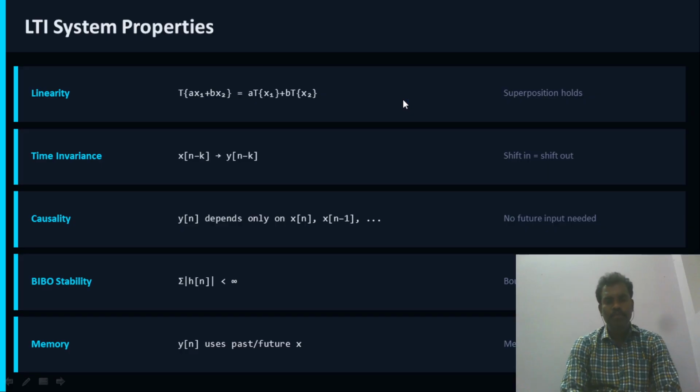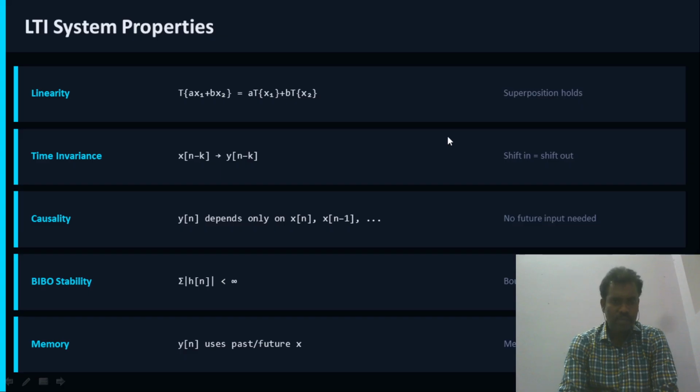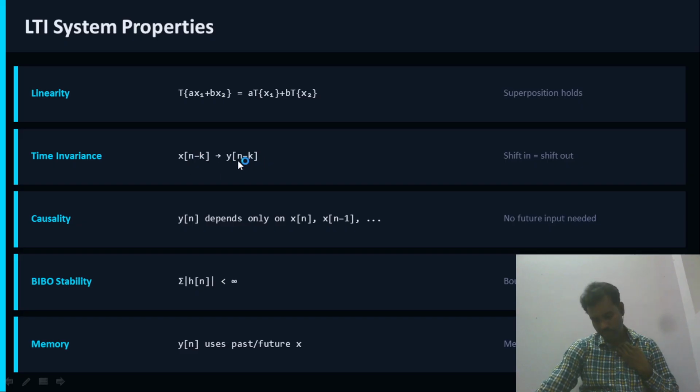Similarly, next we'll see time invariance. What is time invariant? Time invariant means that even if you shift the signal, the response should also be shifted. If you give x of n as input, it will generate y of n.